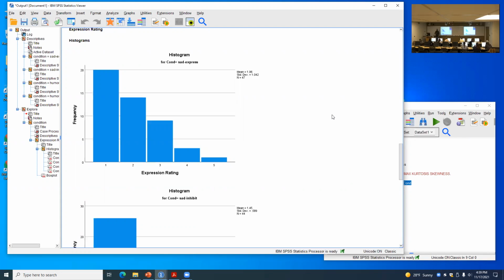Okay, so given this distribution, thinking about your x-axis reflecting expressive behavior, what would we infer about what's going on in terms of people's expressive behavior based on this histogram here?